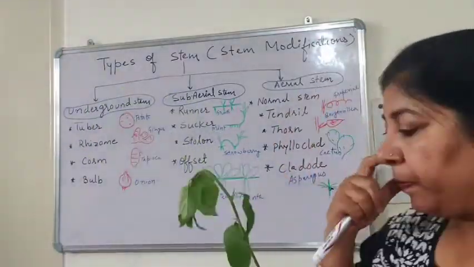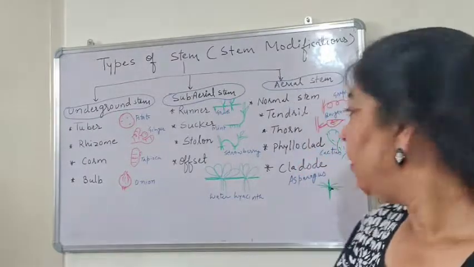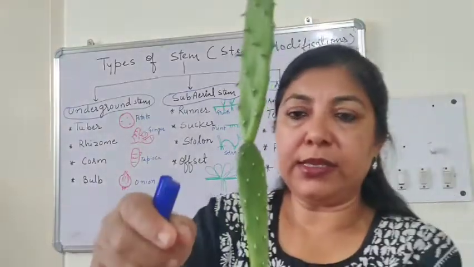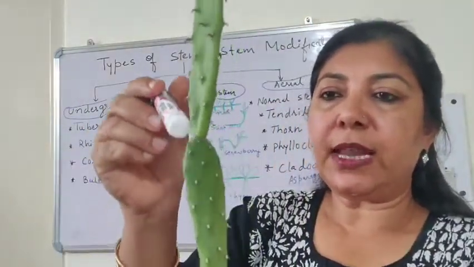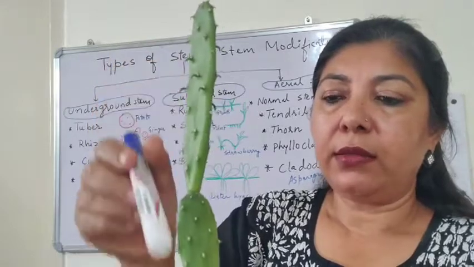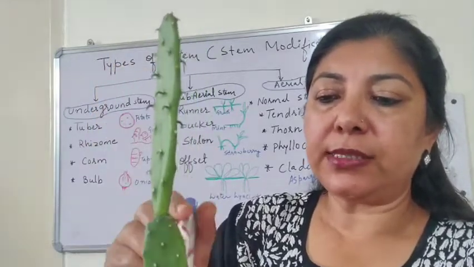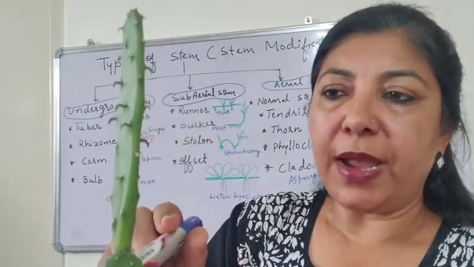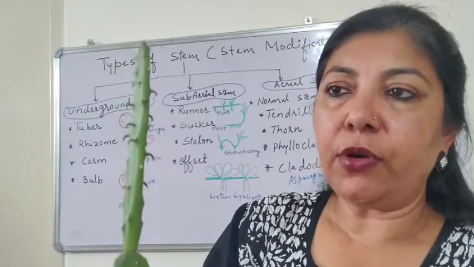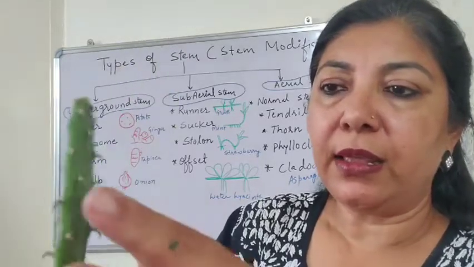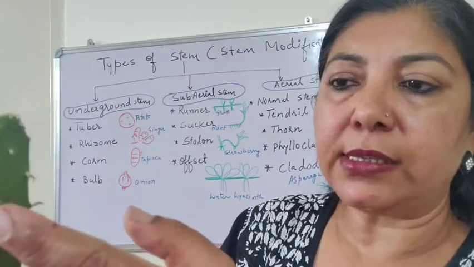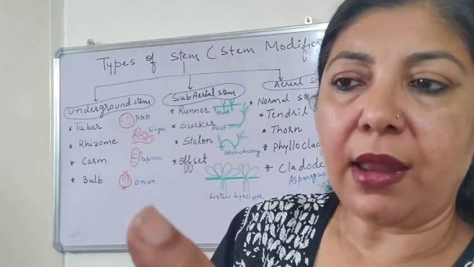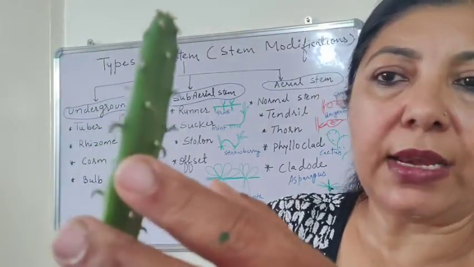So this is thorn. Next is phylloclade. Phylloclade, cactus. So this is a cactus. You can see this is a complete stem modification where this plant performs photosynthesis. They don't require leaves. Leaves are modified into spine-like structures. I will show you a very important phenomenon. These days it's a rainy season, so even the spines are performing photosynthesis. They are green in color.